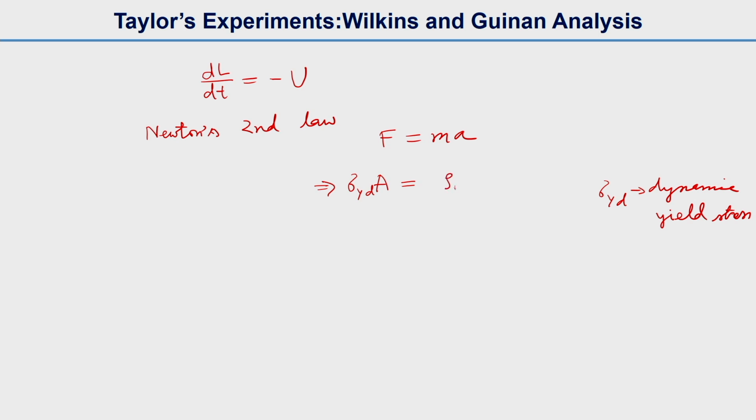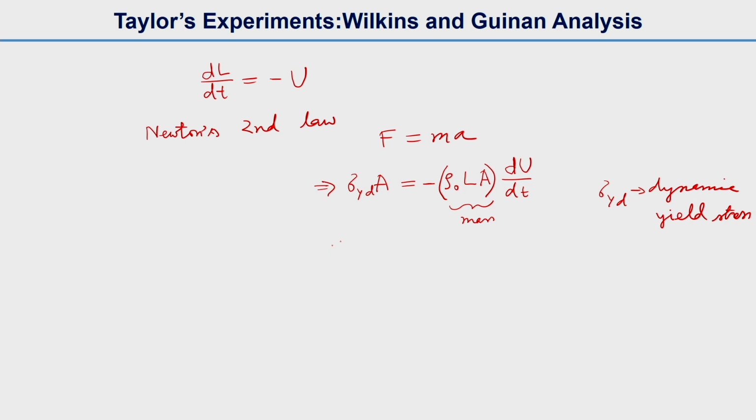Mass will be rho naught, the density of the projectile bar material, multiplied by L into the cross sectional area A, the volume, so with density it gives the mass. Acceleration is du by dt, and we have a negative sign here because the velocity is reducing.